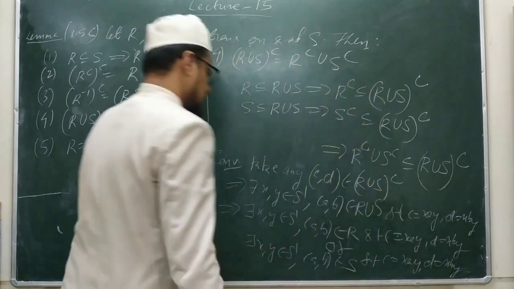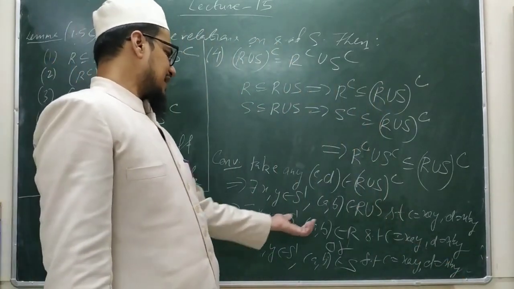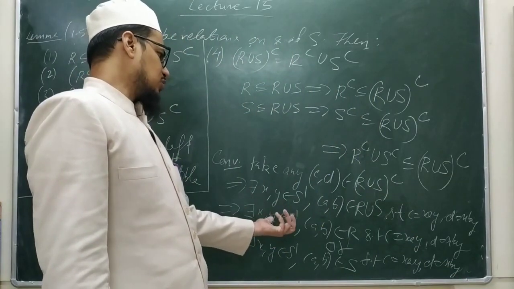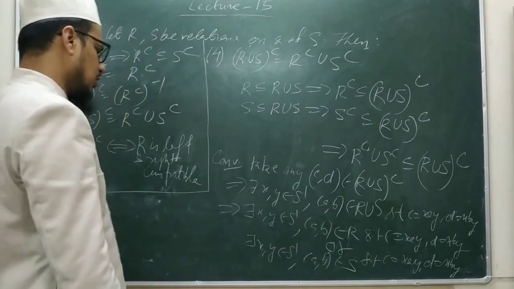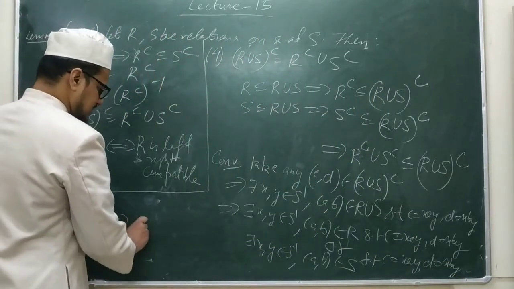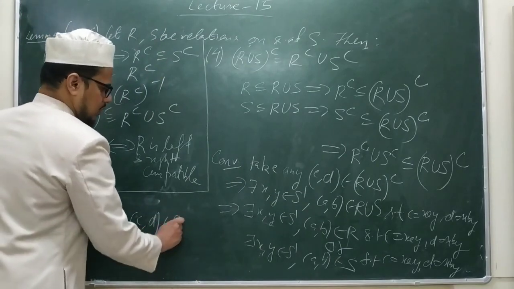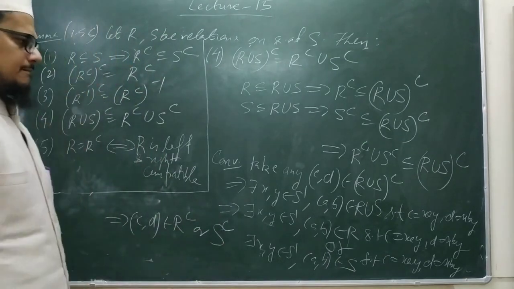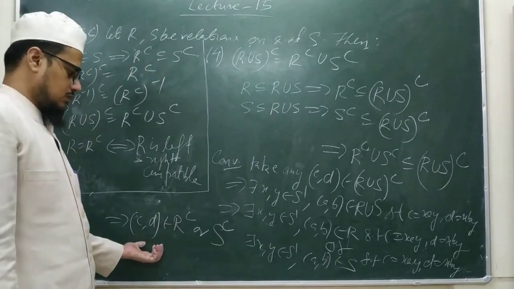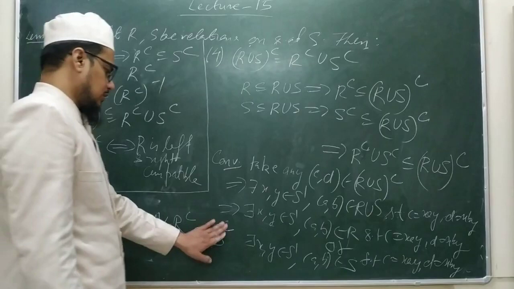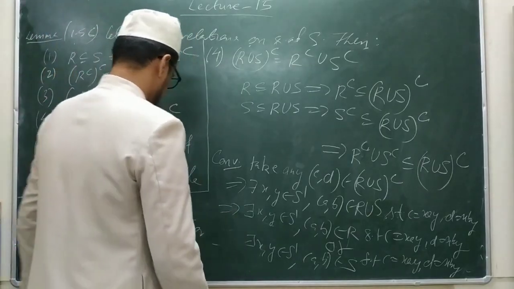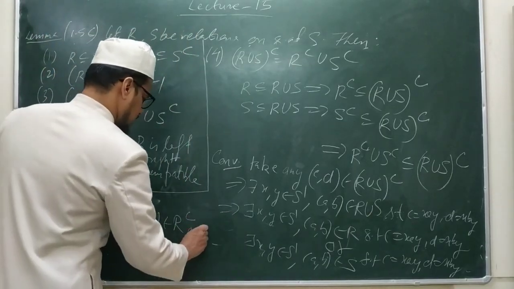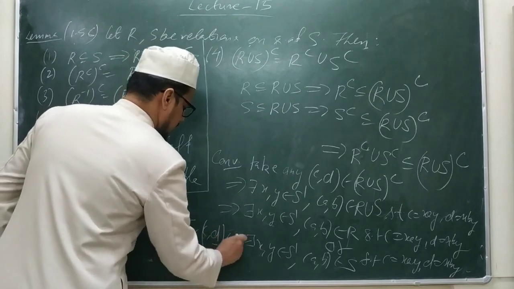So it means that C, D belongs to R^C, or C, D belongs to S^C.